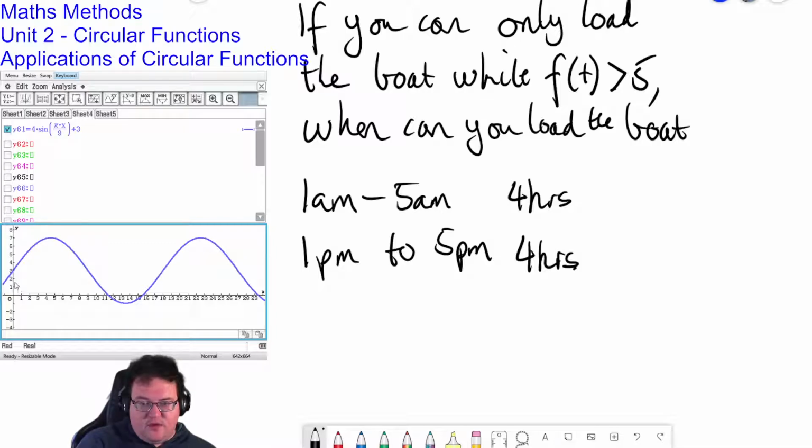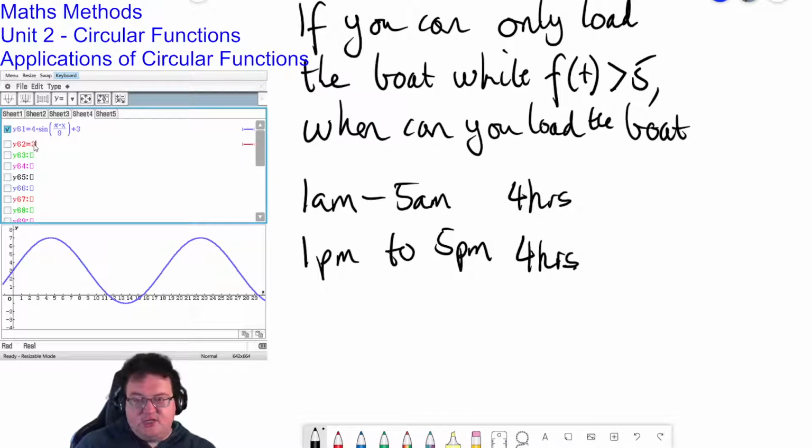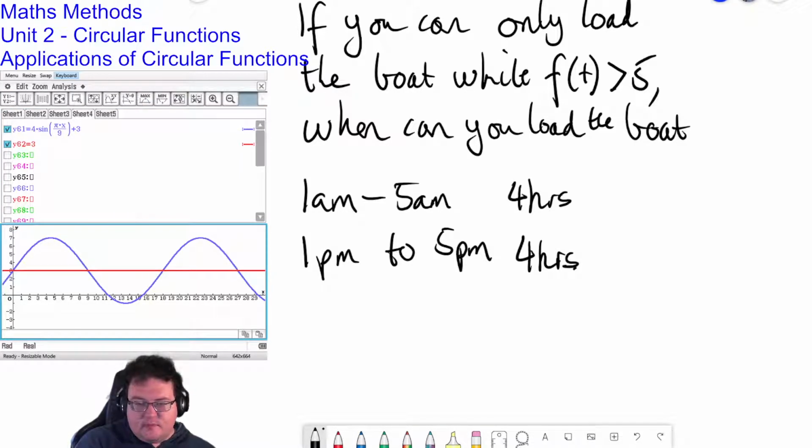Because if you go through and you look at where the center line is, at midnight on Monday, the water level's at 3.